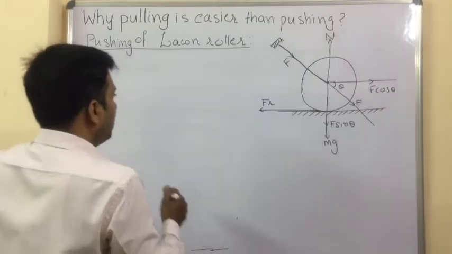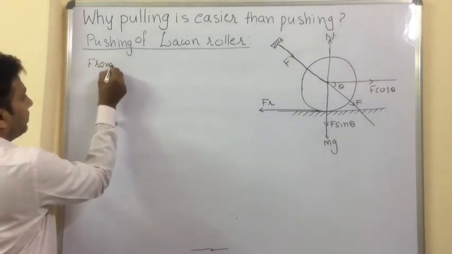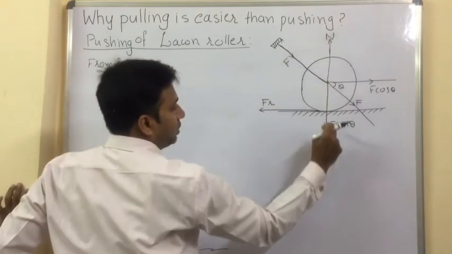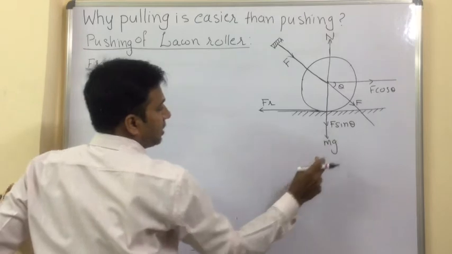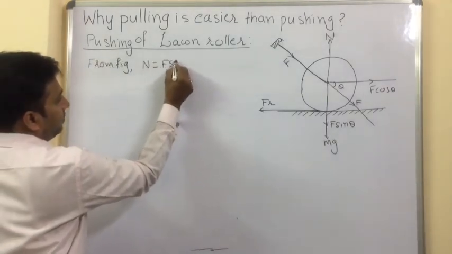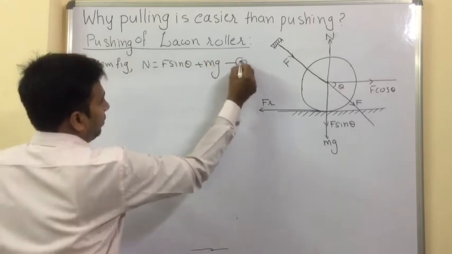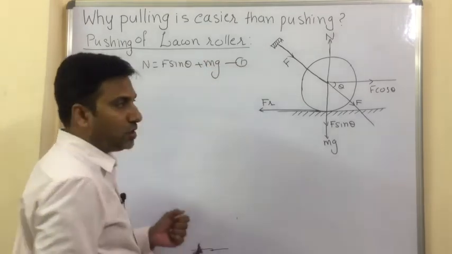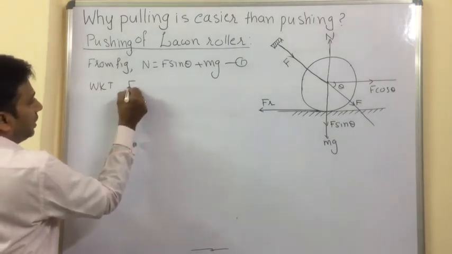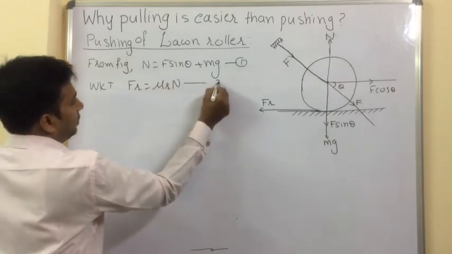Now using the same concept, we can write from the figure, you can see N equal to F sin theta plus mg. Make this equation 1. We know the frictional force formula, Fr equal to mu r N, equation 2.